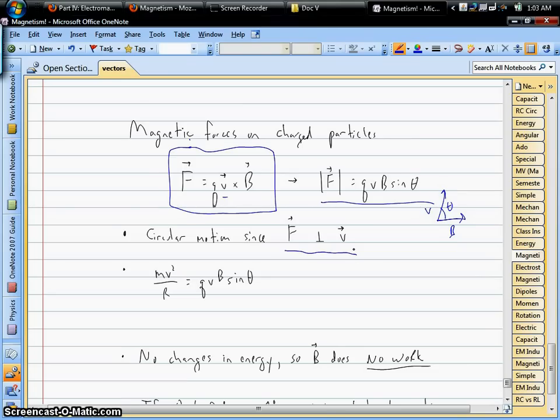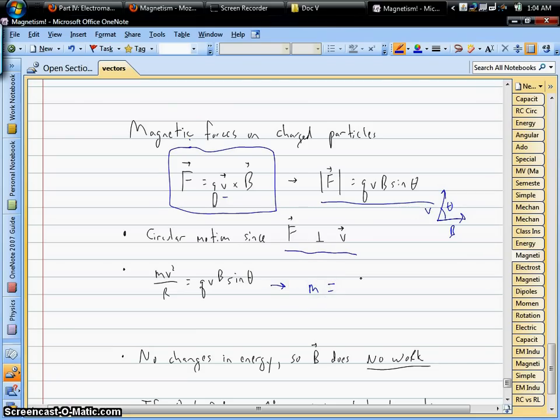You get circular motion. And we know from mechanics that circular motion means you have an overall centripetal force. So mv squared over r is our magnetic force. Now what you can get from this, and this is what we've always used dealing with something like a mass spectrometer, is you can actually solve for the mass from this equation.